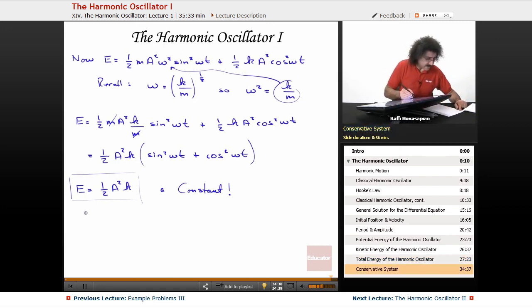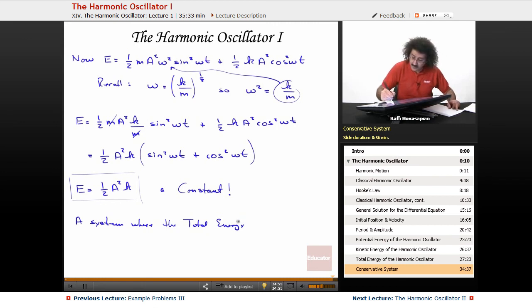So we have now a system where the total energy E is conserved, which is called, appropriately, a conservative system.